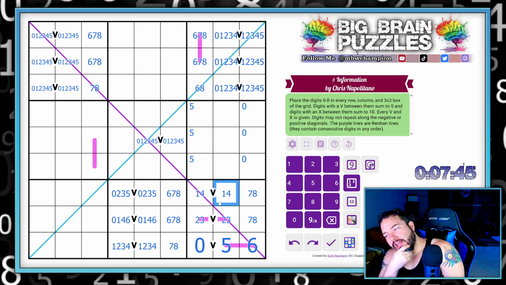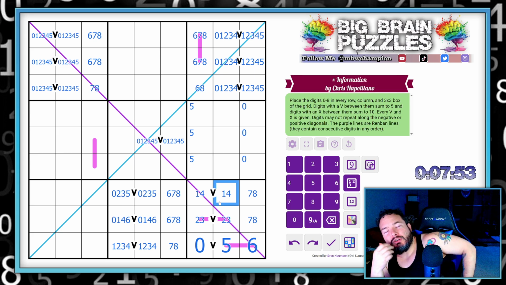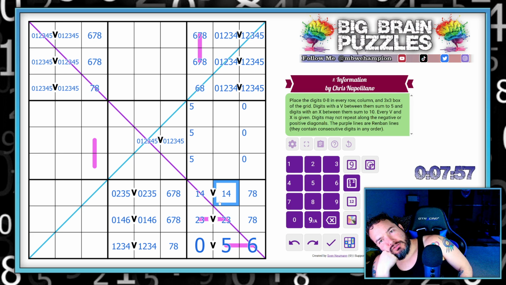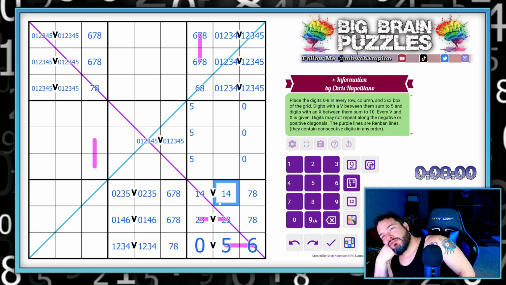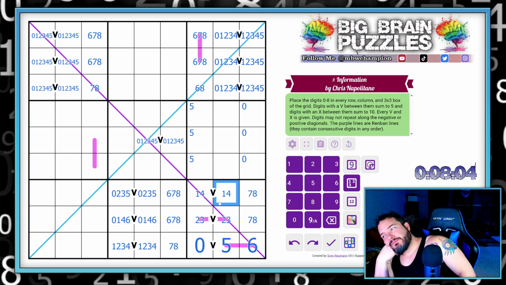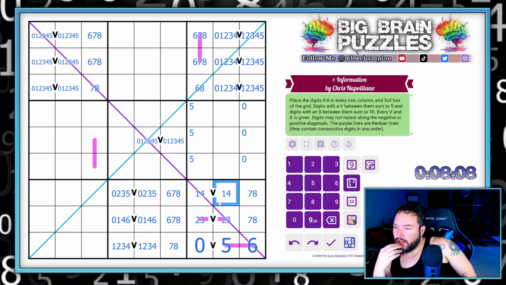I'm trying to think, is there any value the same number would make it go to 5 or 10? I don't think so. Like 5 would work, but then it would be in the same line, so that wouldn't work.